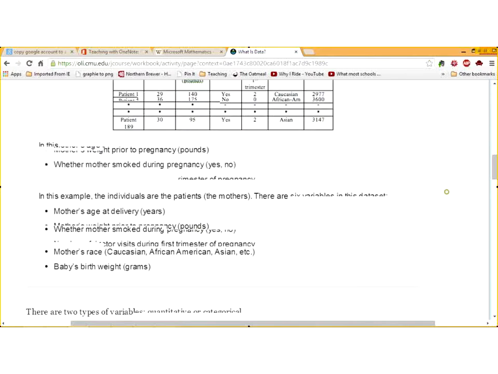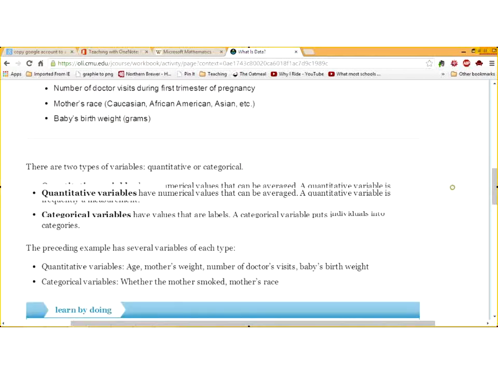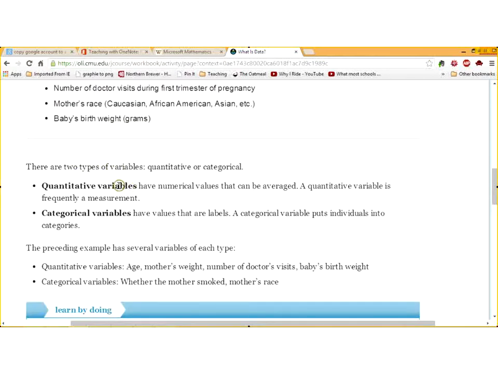All right. This simplifies things a little bit. There can be more than 2 types, but there are 2 principal types anyways. Quantitative, which are numerical values. Notice it says, and this is kind of important, numerical values that can be averaged.